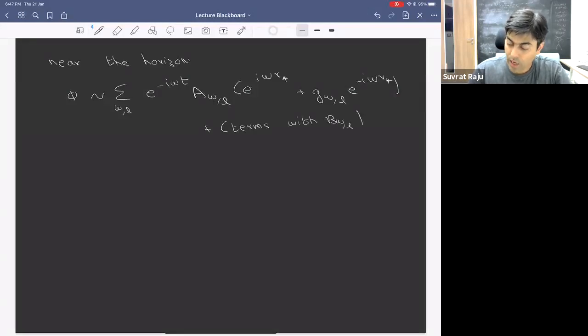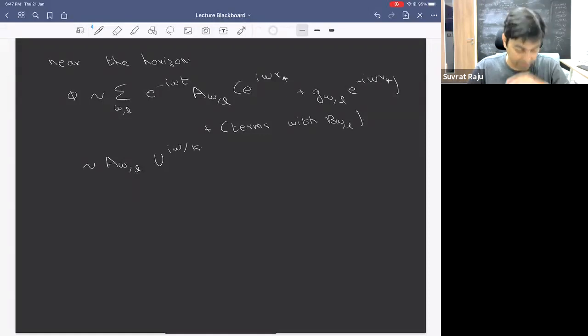Okay. But now stare at these terms carefully and remember that the Kruskal coordinates that we defined were also defined by capital U is e to the power of t minus r star raised to some power, with some other additional constants up there. So that tells you that this first expression we have can just be written as A omega L into u to the i omega divided by k.